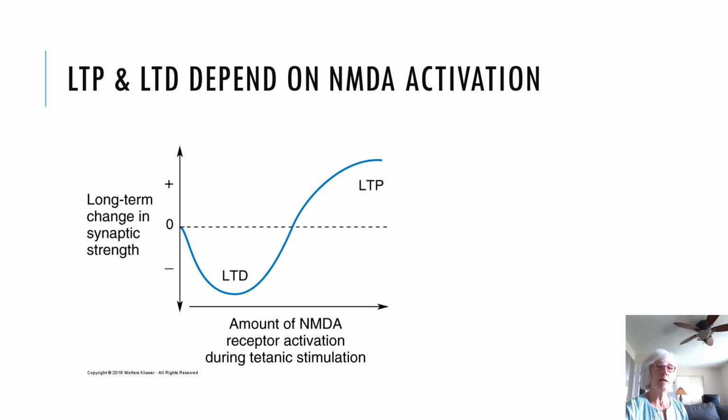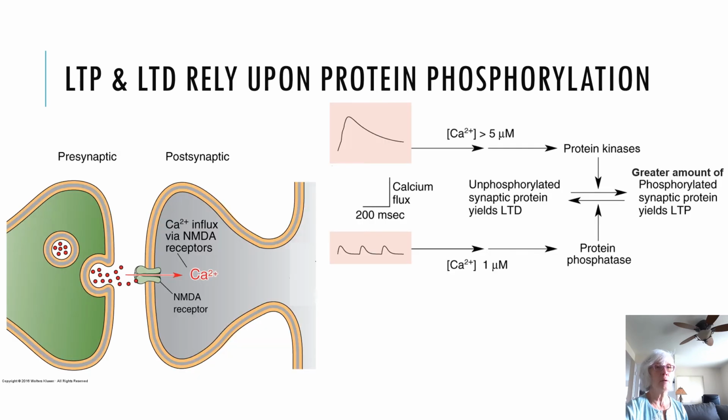So this is a weak response, low levels of NMDA activation, that's associated with long-term depression. Compare that to the right side of the graph, where we have high levels of NMDA receptor activation, and that is associated with long-term potentiation. The way that that happens depends upon a ratio of protein phosphorylation.